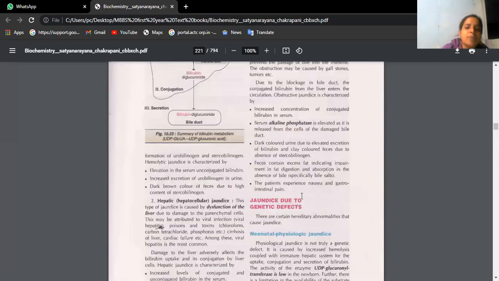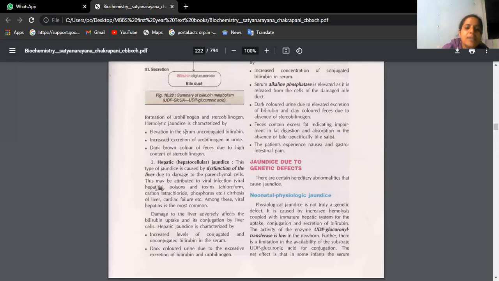Obviously in this case, serum bilirubin levels are increased, but this bilirubin is not combining with UDP. If it is not combining with the conjugating agent, which we have studied in the xenobiotics chapter, if UDP's combination is not there with bilirubin, you call it unconjugated bilirubin.